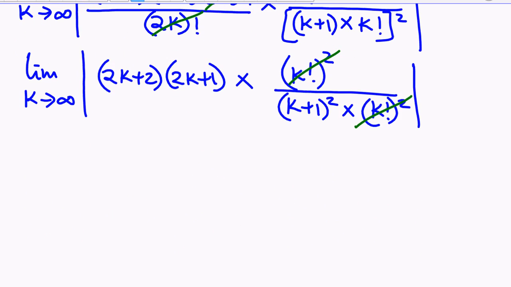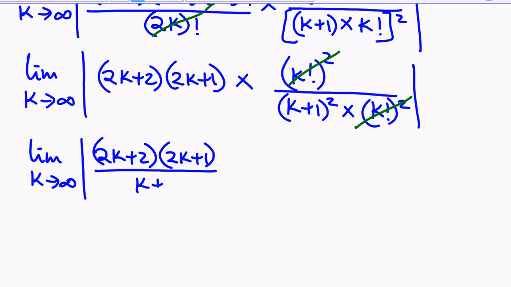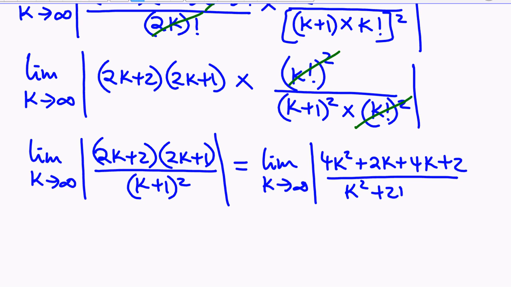So what we'll end up with is the limit as k approaches infinity of the absolute value of 2k plus 2 multiplied by 2k plus 1 over k plus 1 squared. You can expand this bit to end up with 4k squared plus 2k plus 4k plus 2 over k squared plus 2k plus 1.